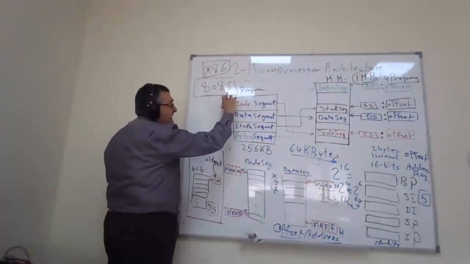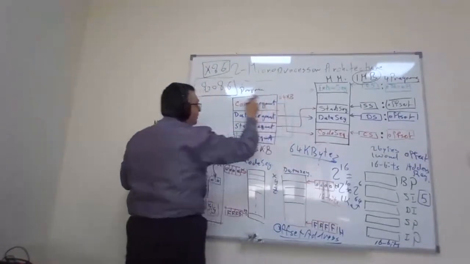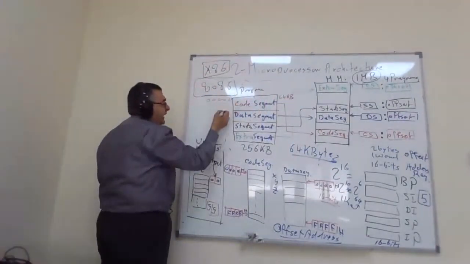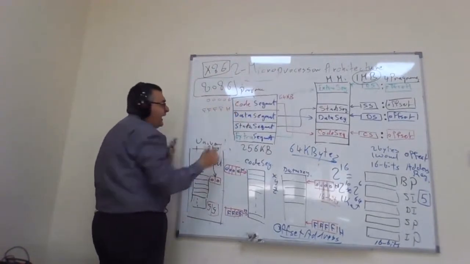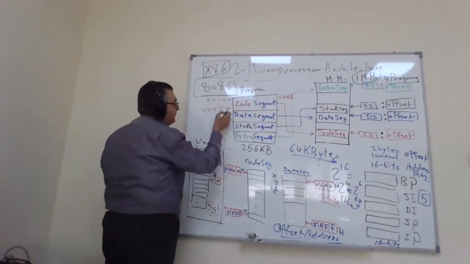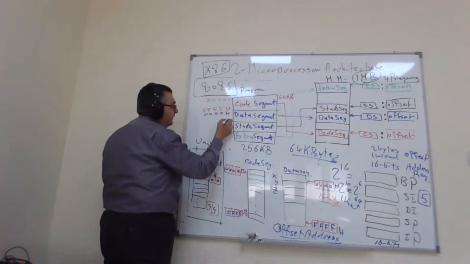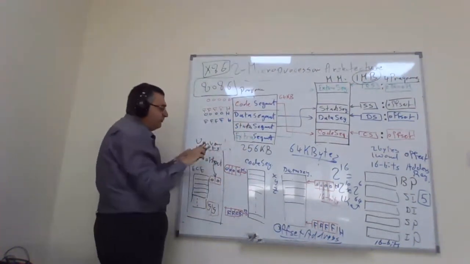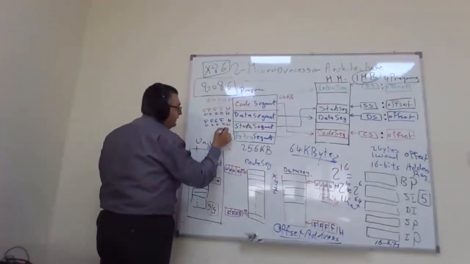Right now I have 64 kilobytes for code, starting at offset 0000 and ending at FFFF. And I have also a data segment starting with 0000 and ending with FFFF. The same thing for the stack, 0000 to FFFF.